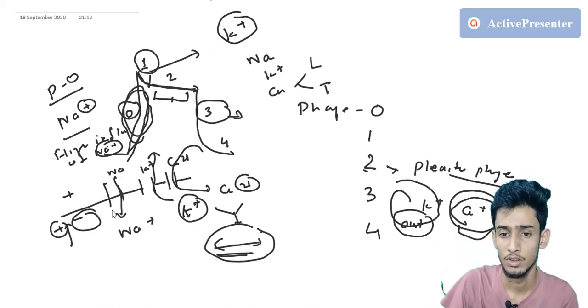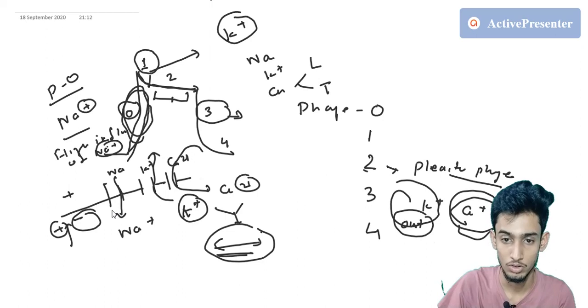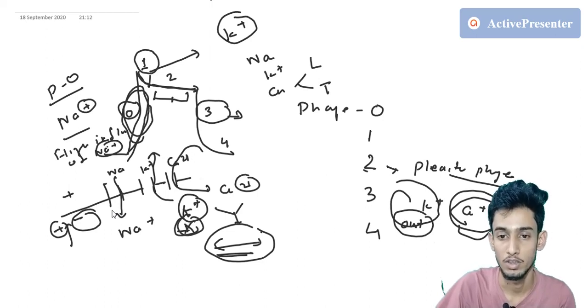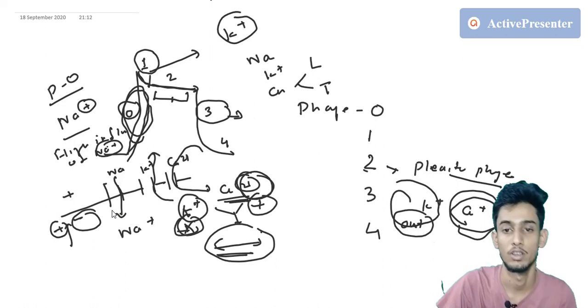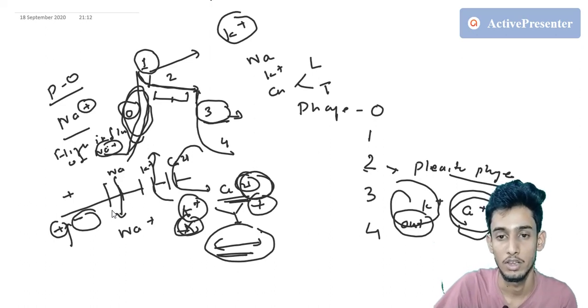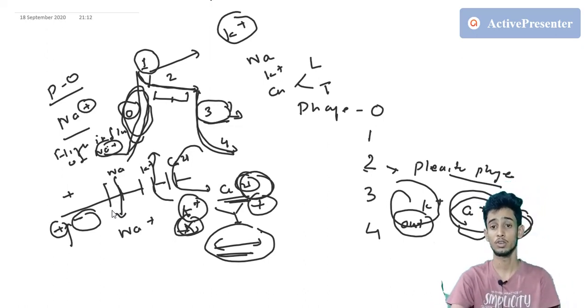In this phase, potassium is now stopped, and calcium is also starting to stop coming inside the cell. So there is a gradual decrease in the membrane potential. So the cell has now started to repolarize.